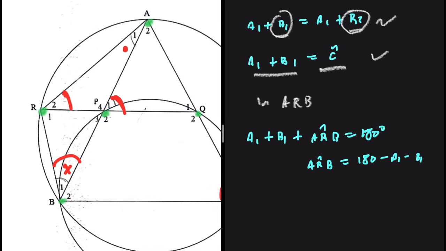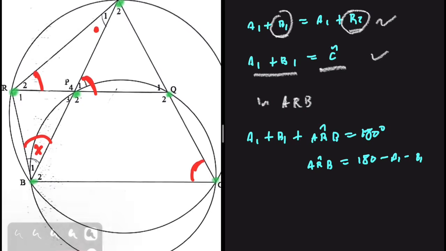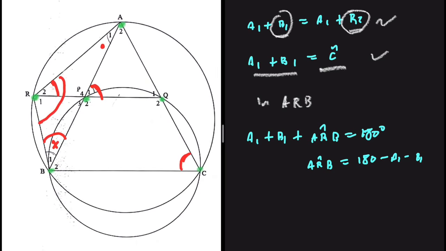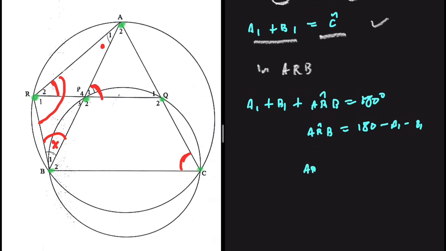That is the size of angle ARB. But this entire angle ARB, if we add it to angle C, we must get 180 degrees. The opposite angles of a cyclic quad are supplementary. So angle ARB is equal to 180 degrees minus angle C.